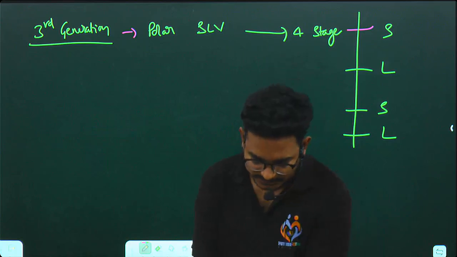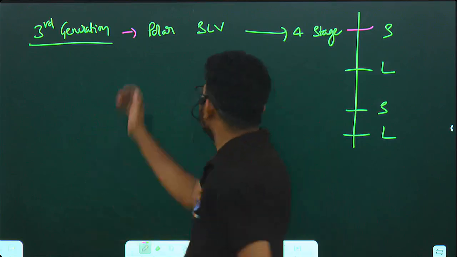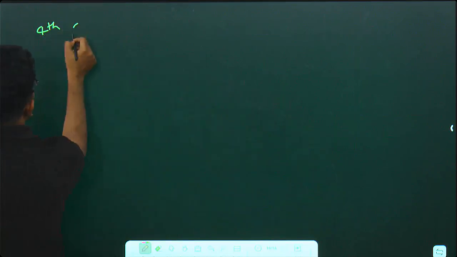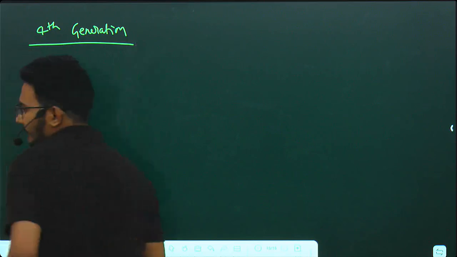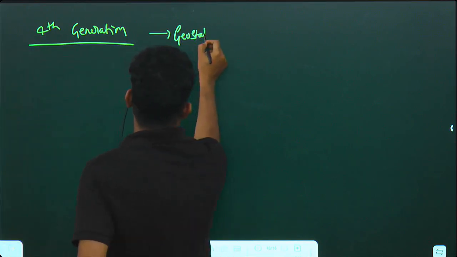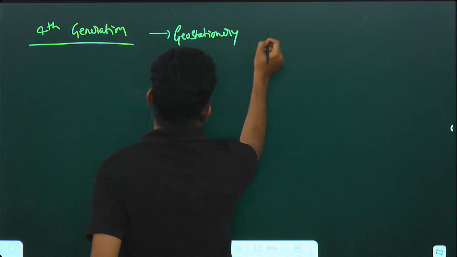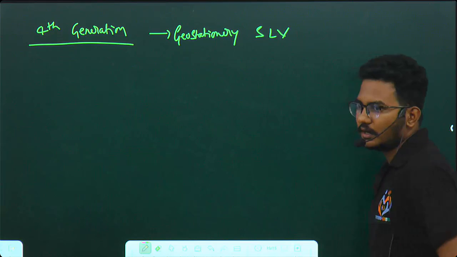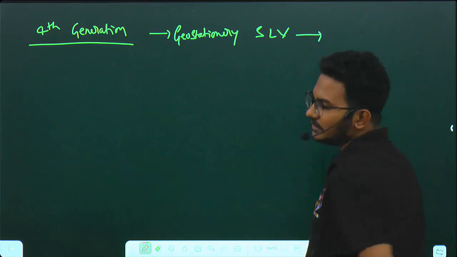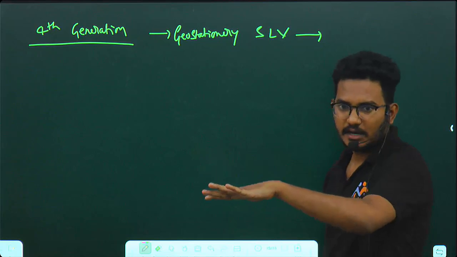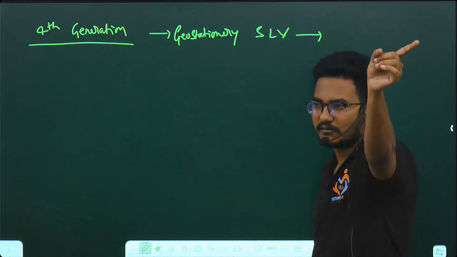So in the fourth generation, which is GSLV, geostationary Satellite Launching Vehicle, one thing is we want to increase the weight carrying capacity and the distance traveling capacity.